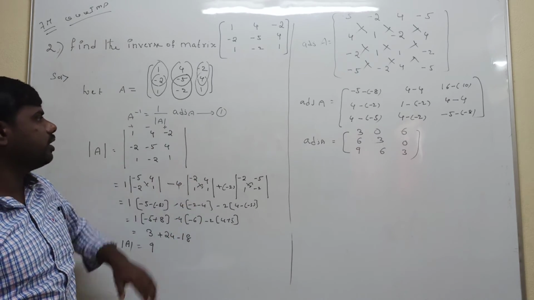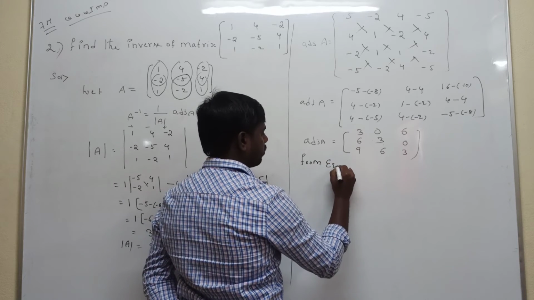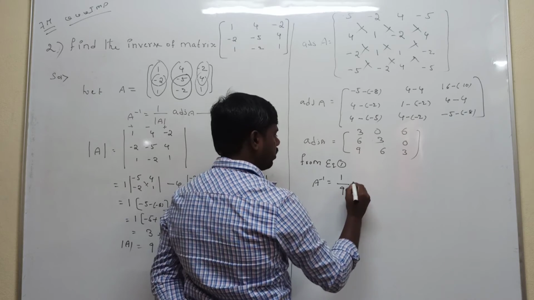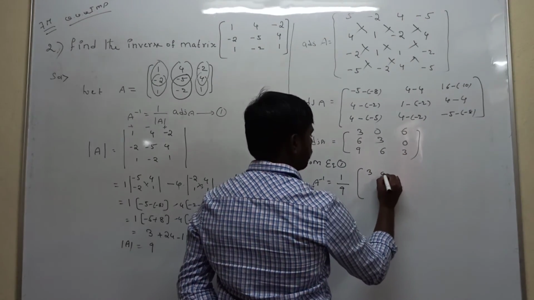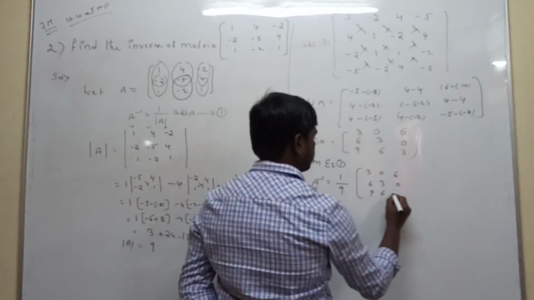Both are obtained in equation number 1. From 1, A inverse is equal to 1 by the delta value, which is 9, times the adjoint of A, whose value is 3 0 6, 6 3 0, 9 6 3.